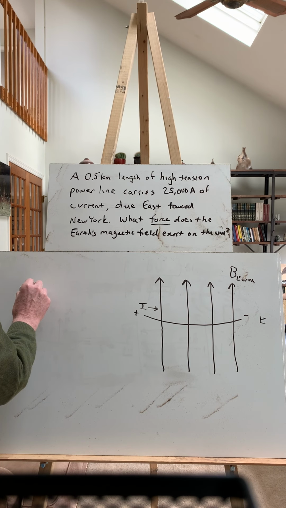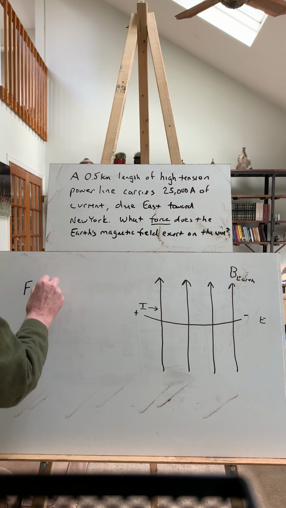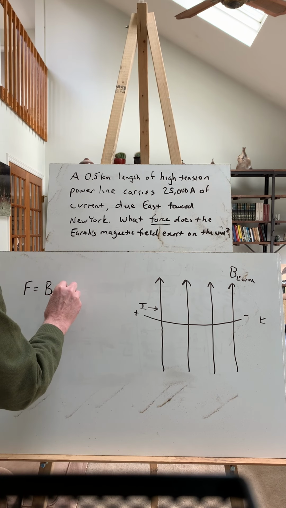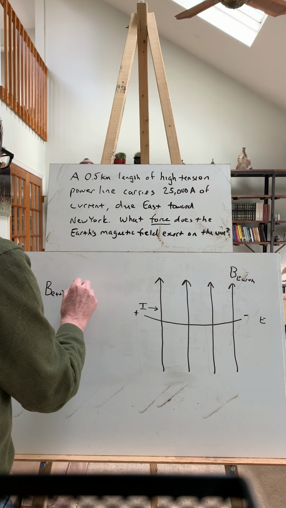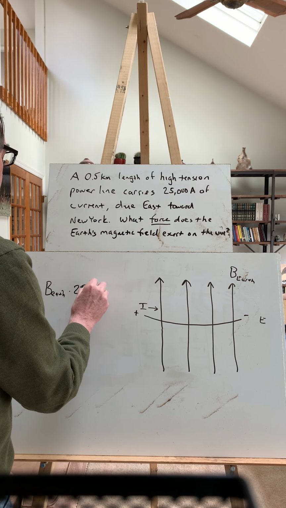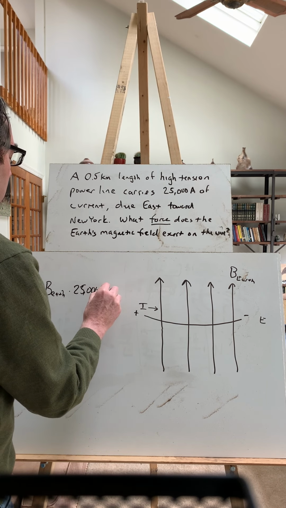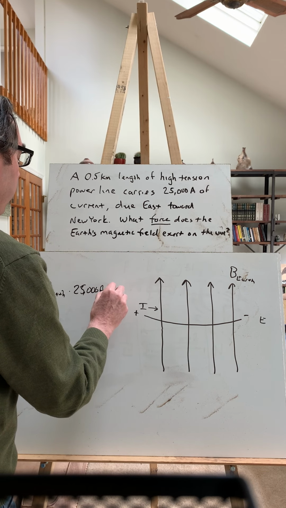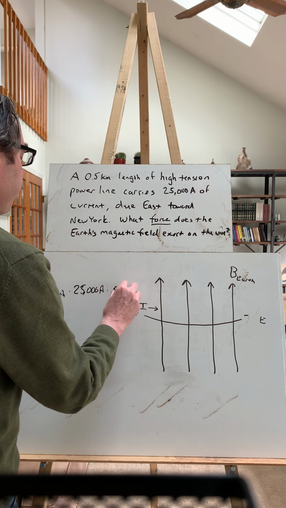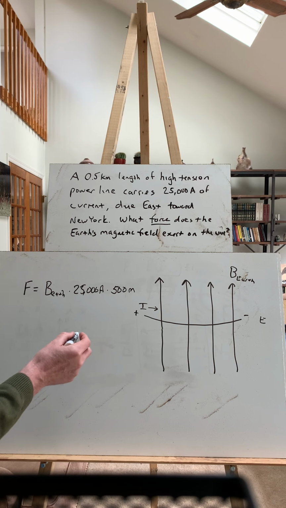The force is going to equal B of the Earth times 25,000 amps times 500 meters, which is 1/2 of a kilometer.